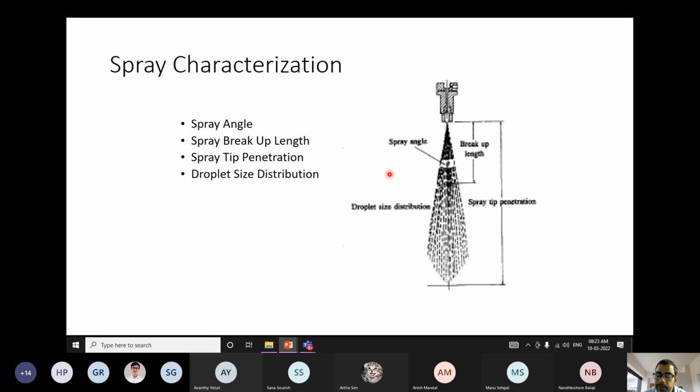Because the environment in which it is injected is just like atmospheric conditions. But in realistic conditions, the fuel injection takes place towards the end of the compression stroke, where the pressure and temperature are very high. It has definite motions, turbulence, all sorts of things. Everything is absent here, but this is the simplest way to do this kind of measurement.